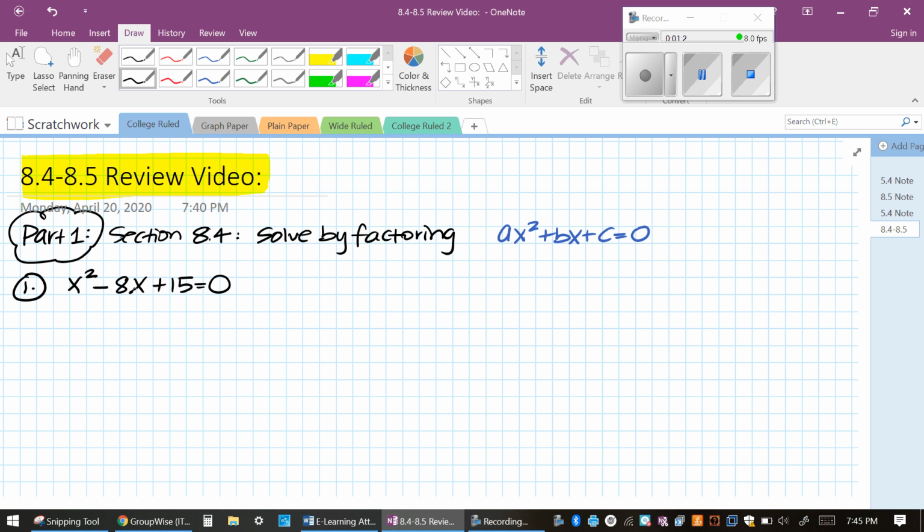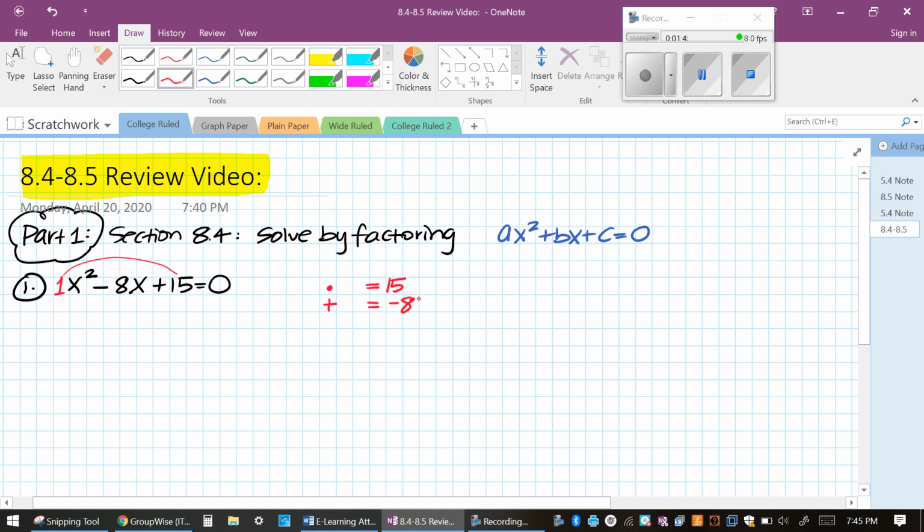Okay, first example, the nice thing is that it's already equal to 0. You can see that it is a quadratic trinomial with a leading coefficient of 1. To factor this, we need to multiply the first coefficient and the constant term and find two numbers that multiply to that answer, so 1 times 15 is 15, and add to the linear term, which is negative 8.